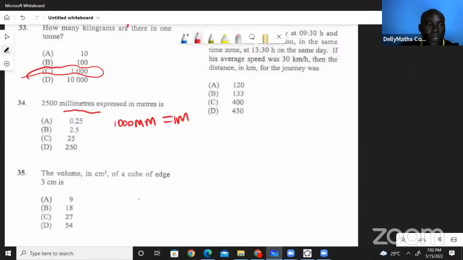So all you have to do is divide by 1,000. We want to divide 2,500 by 1,000, and you'll see we get 2.5. Don't miss it. The answer is 2.5 meters. There we go.